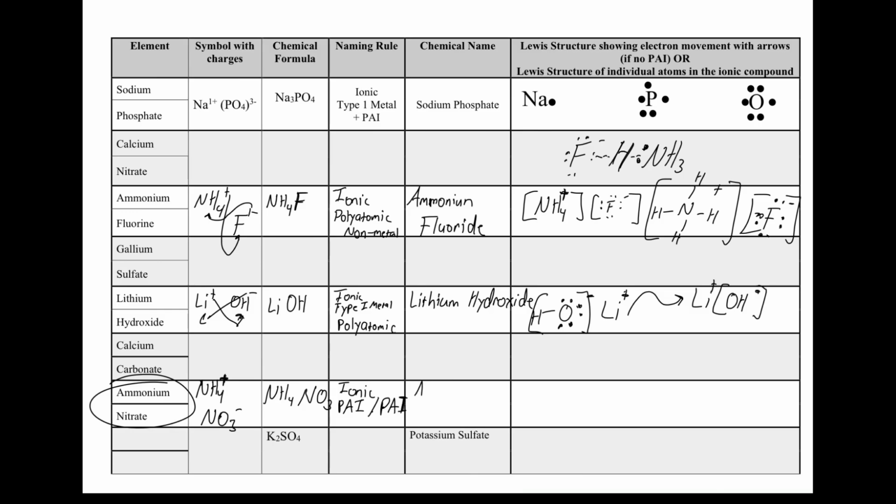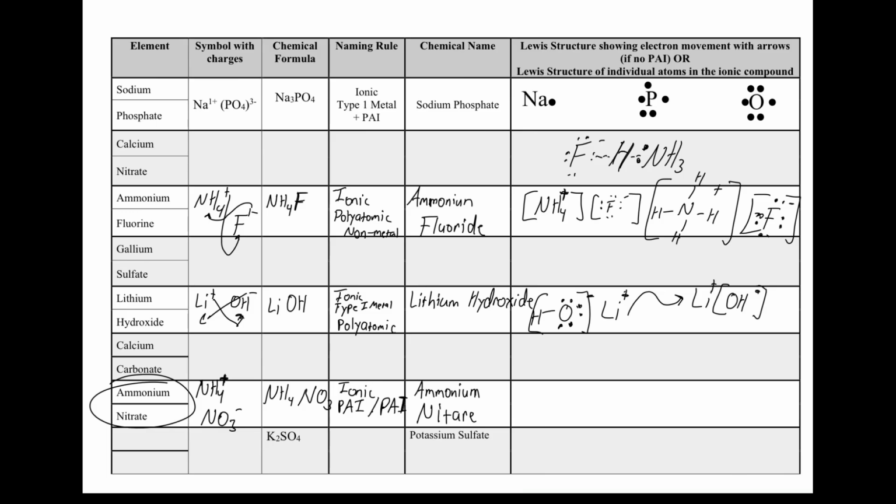Chemical name for this would be ammonium nitrate. It's still nitrate. There's no fancy words for it. It's just what it is. There's not much else to it. So ammonium and nitrate, I could draw a Lewis structure, but I think at this point you should be okay with it.